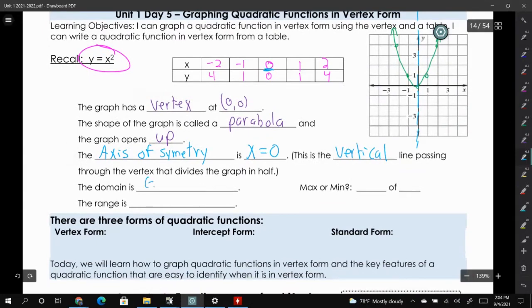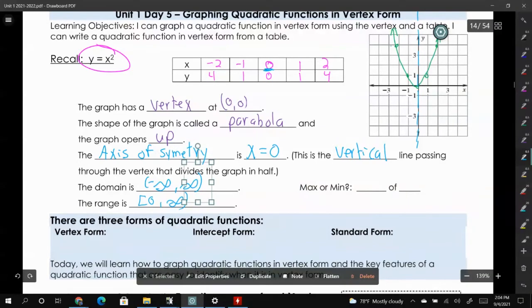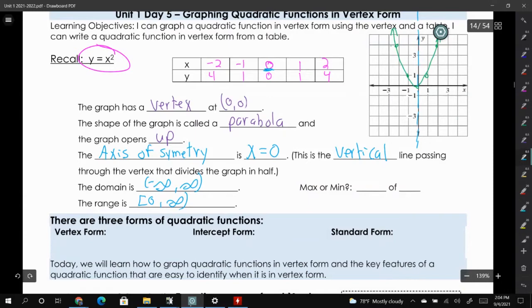The domain is always negative infinity to infinity, and the range, since we are opened upwards, is 0 to infinity, and this has a minimum value, a minimum at y equals 0. So that's just kind of a recap of what we wrote down the other day.